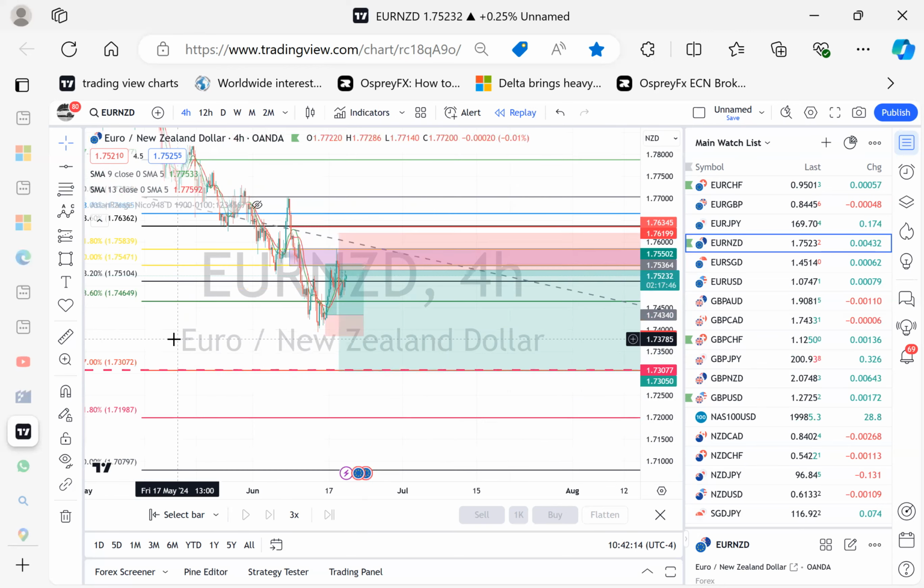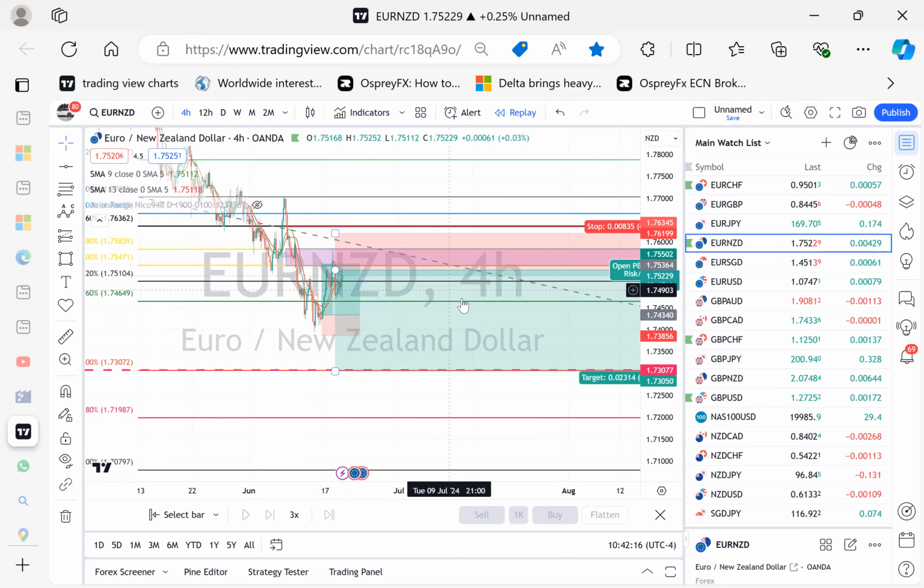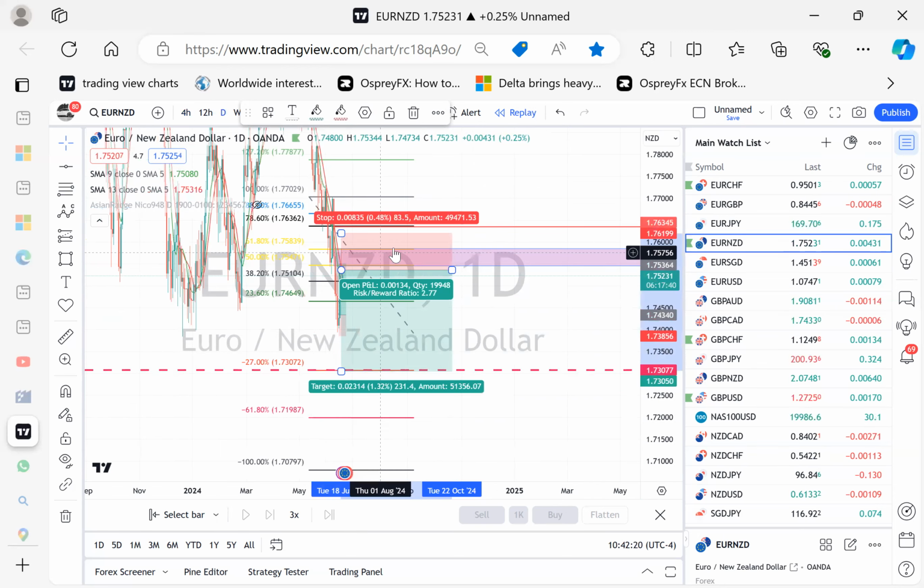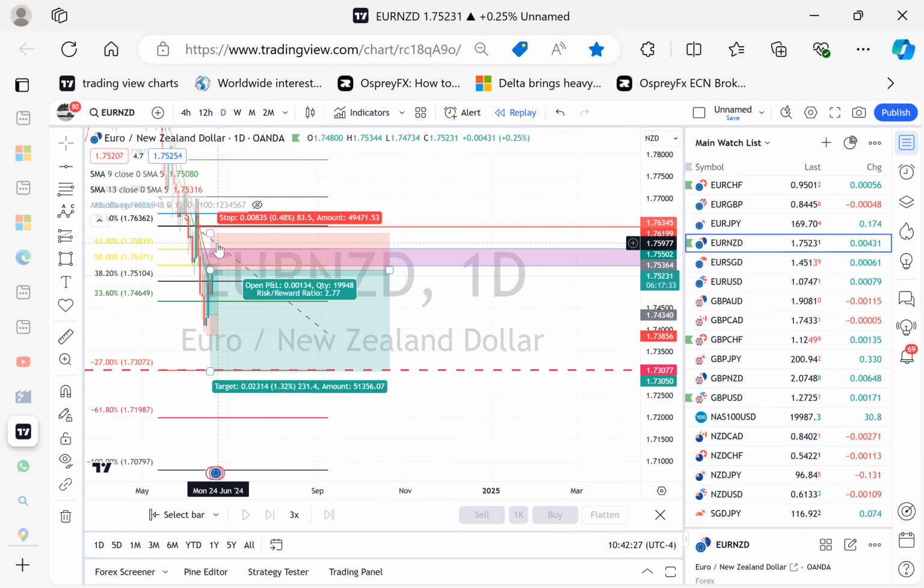And it'll be interesting to see how this plays out this week. Let me go to the daily so I can see what this is. All right. So this is going to be a 2.77 risk to reward. I guess you could drop this down to give you a 3%.